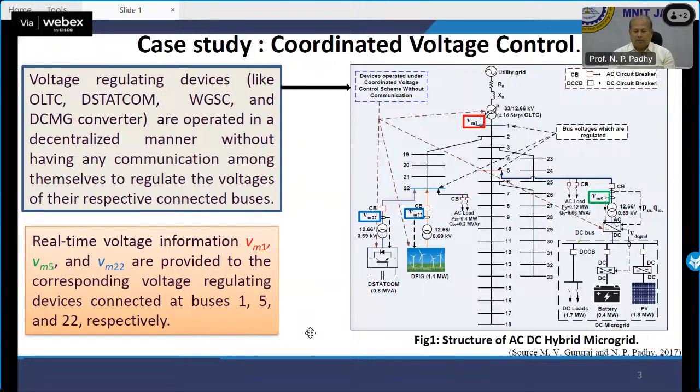Okay, and then there is a wind plant of 1.1 megawatt connected to which bus? Bus number 22. Let's see, yes, it is connected to 22. Okay, so bus number 22 is connected, bus number 5 is connected, and at bus number 1, what do we have?